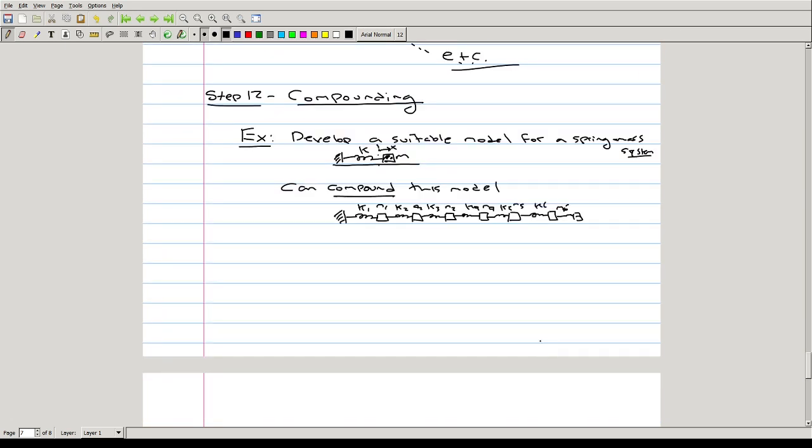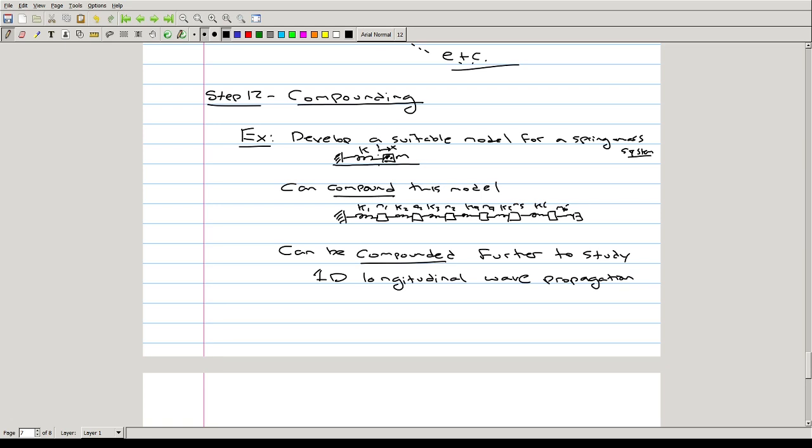And this model can then be compounded even further and used to study one-dimensional longitudinal wave propagation along an elastic bar.